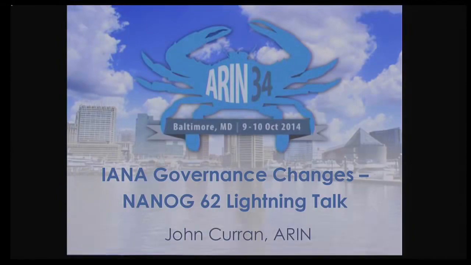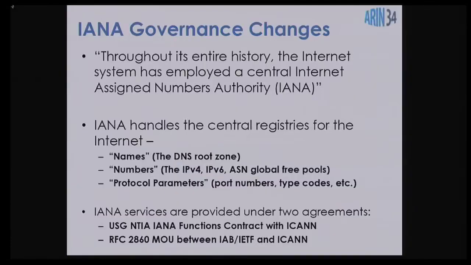What we're facing now is the fact that the IANA, the Internet Assigned Numbers Authority, the organization that has handled keeping track of names, numbers, and protocol parameter numbers throughout the history of the Internet, is undergoing a change.